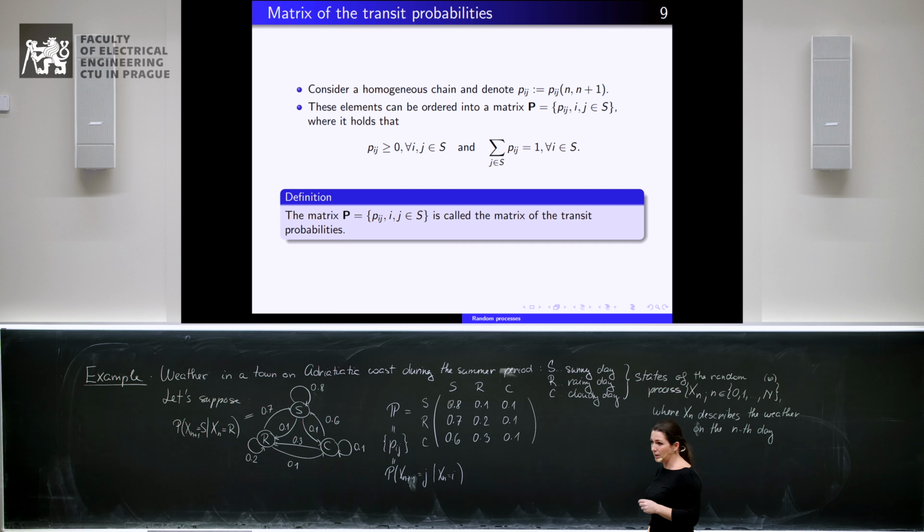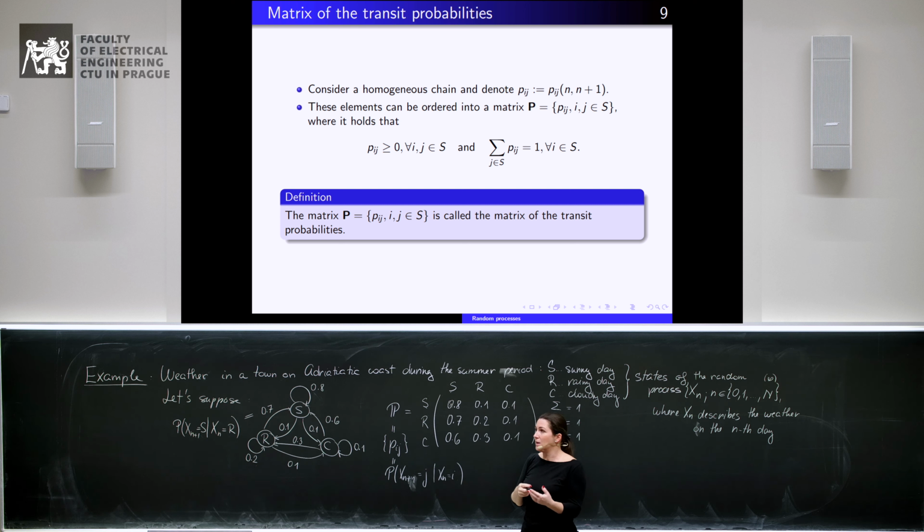And this matrix of transition probabilities has many practical usages. First, before I show you the first usage, I will mention a special property of this matrix, and the property is that the sum of the numbers in each row must be equal to 1. Why? Because imagine the situation. Today it is a sunny day, and tomorrow it must happen that the day will be either sunny or rainy or cloudy.